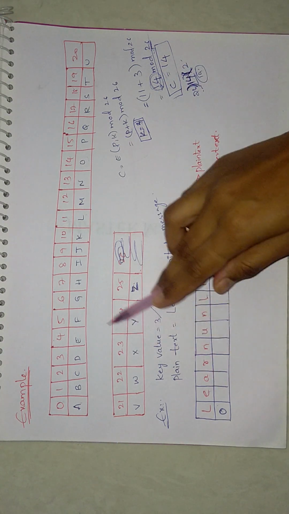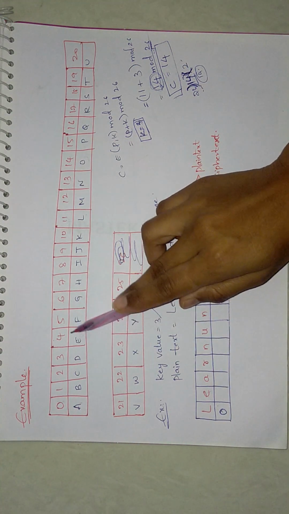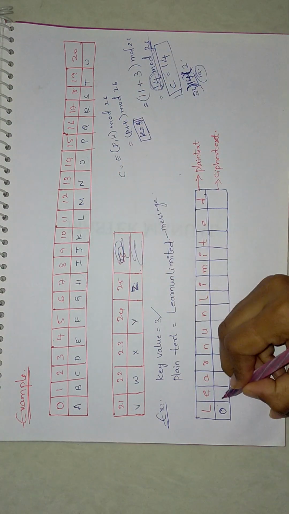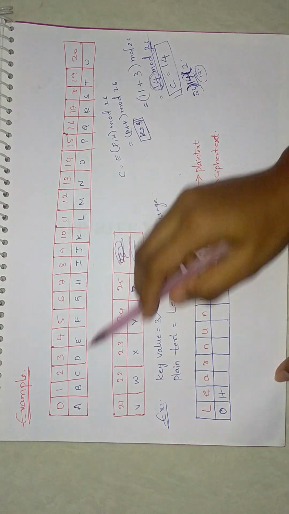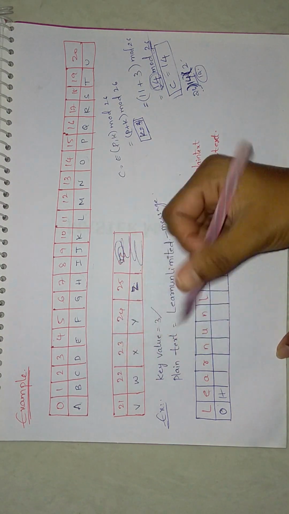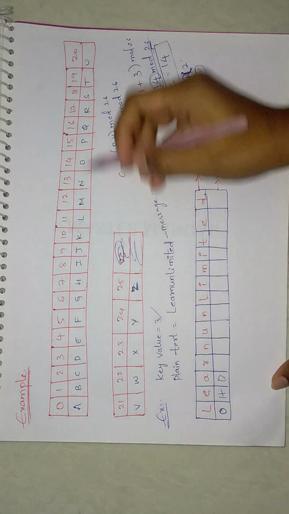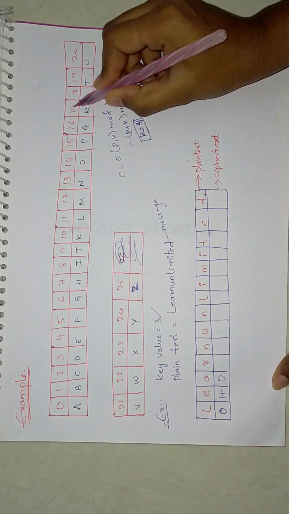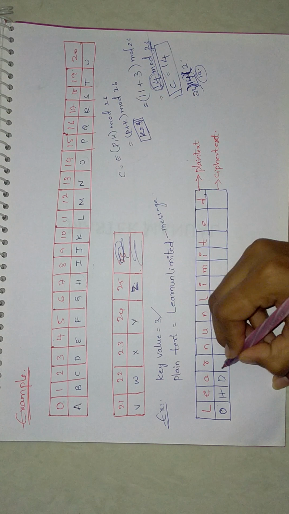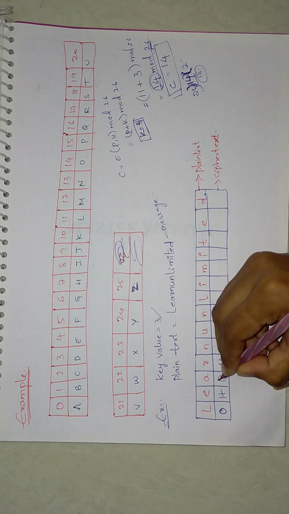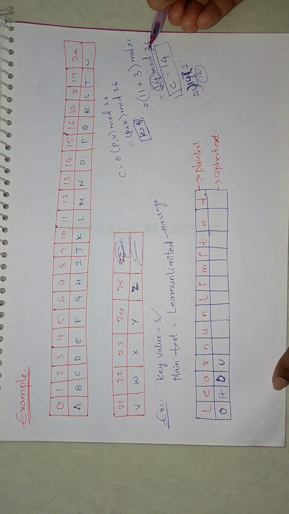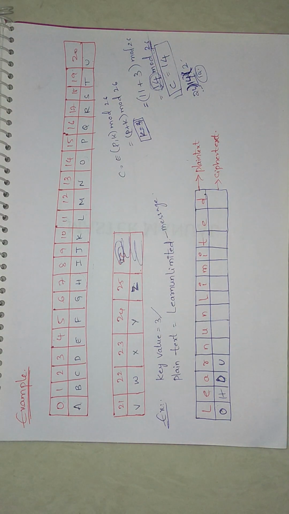And for the E letter, where is E? It's here, plus 3. 4 plus 3 is 7. So for E it's H. Then for A, 1, 2, 3, it's T. Then for R, where is R? PQR, plus 3. 17 plus 3 is 20. 20 is U. I'm not doing mod 26 again because I have told you that if the numerator is lesser than the denominator, the answer is obviously the numerator.